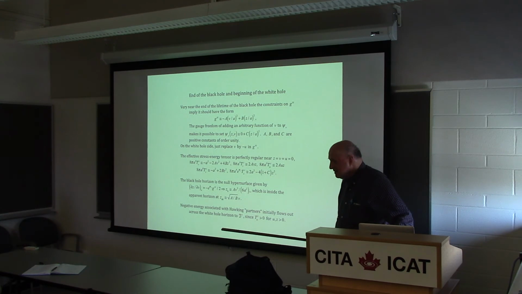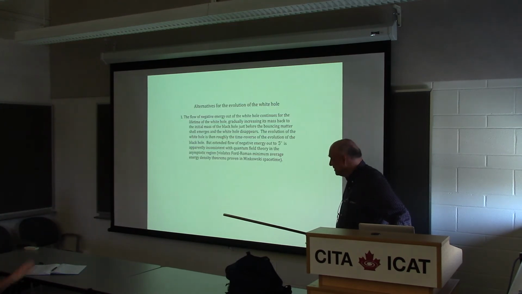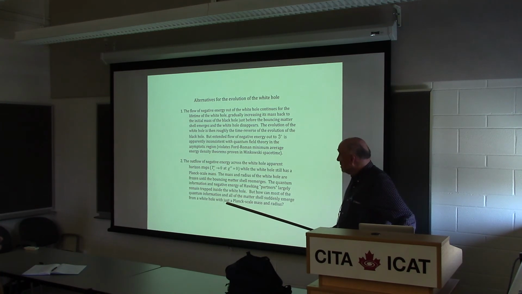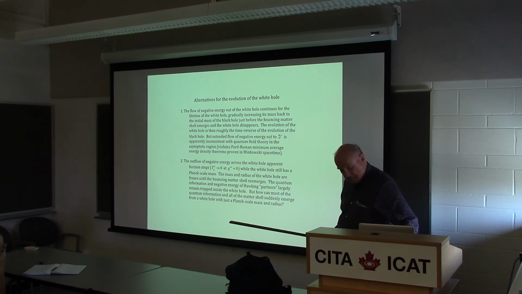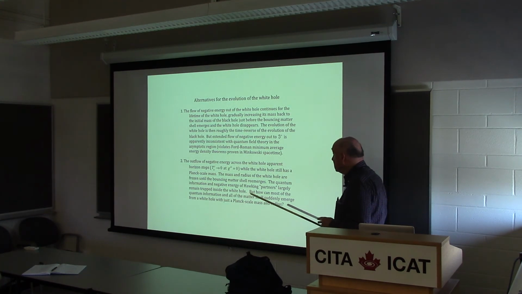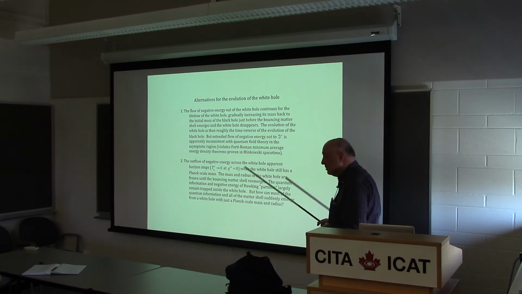Is that the... Well, no. That was it. Okay, so now we can consider alternatives for how the white hole should evolve. We said initially there's negative energy going off to infinity, but it doesn't have to stay that way.